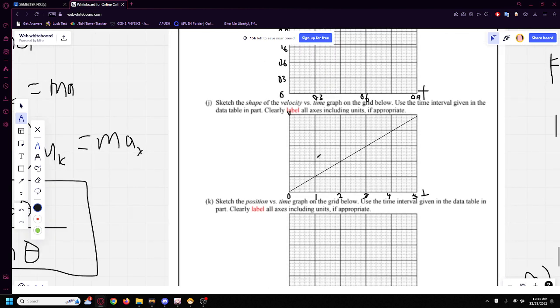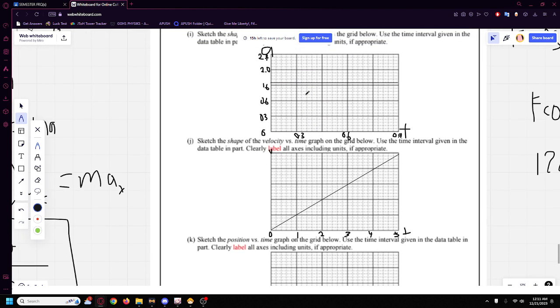No, the velocity is linear because the acceleration is constant.